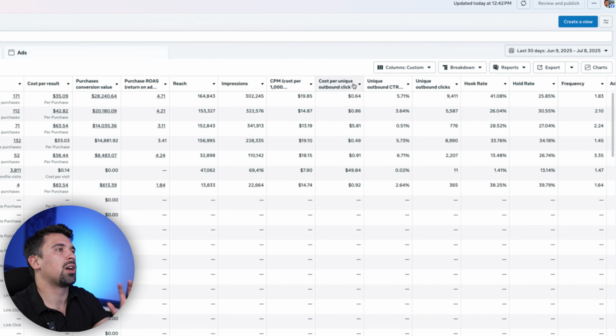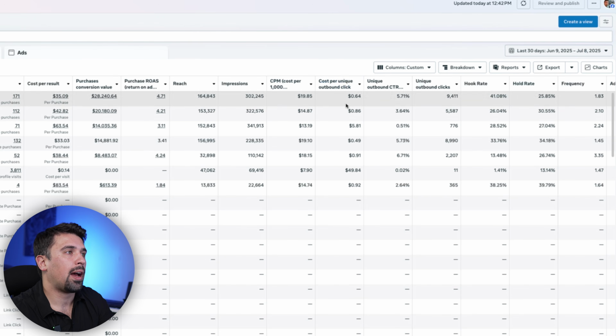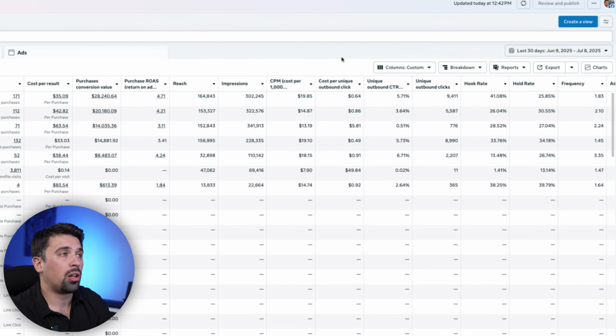For me, this is the most pure way to see that, and it's closely tied to how compelling your ad is at getting the click. In this case, the lower the better. You can see here I have sub $1 cost per clicks, which is ideal. The lower the better, but if you're under $1, you're doing pretty good.